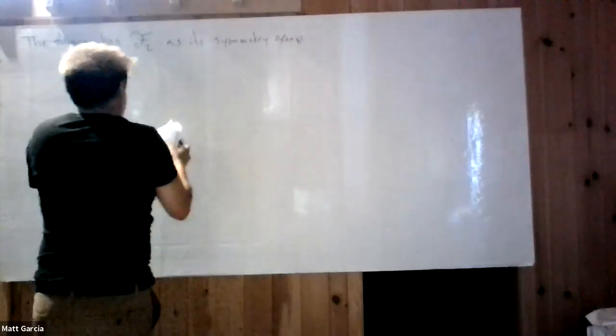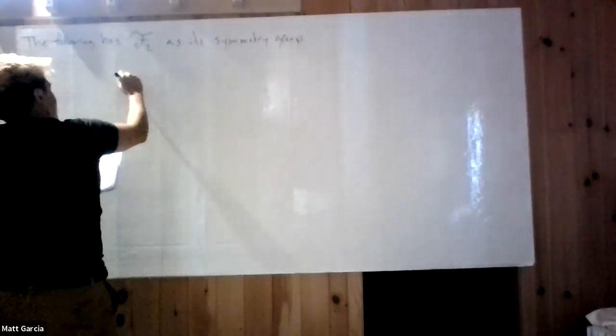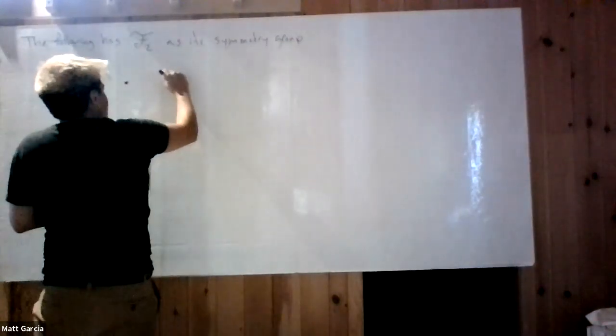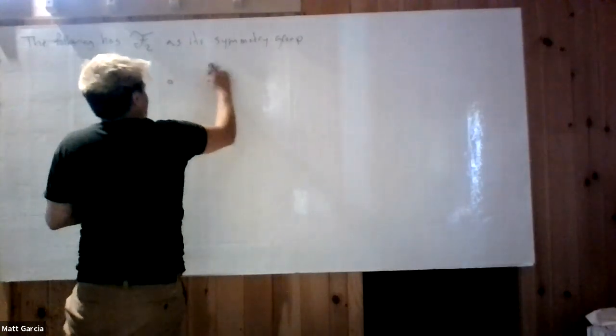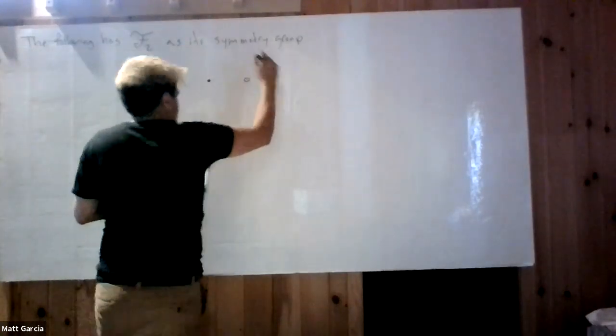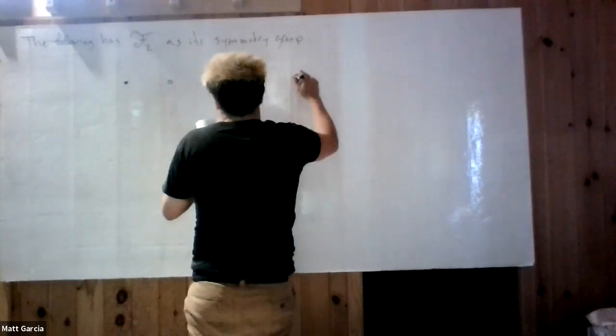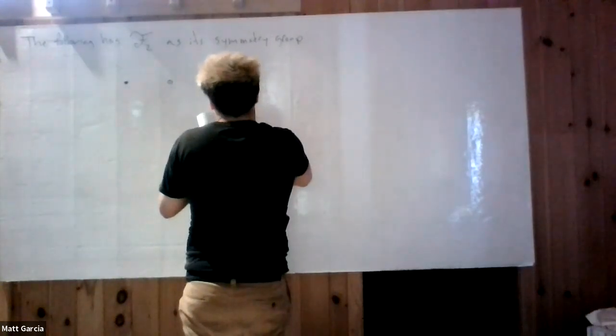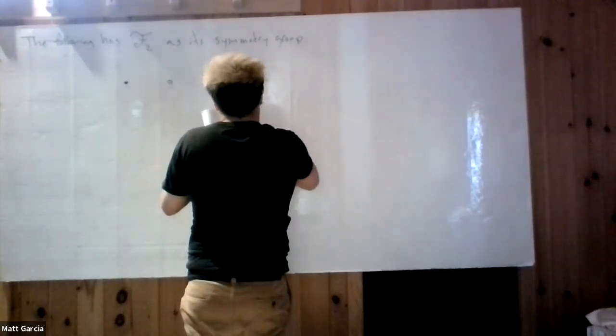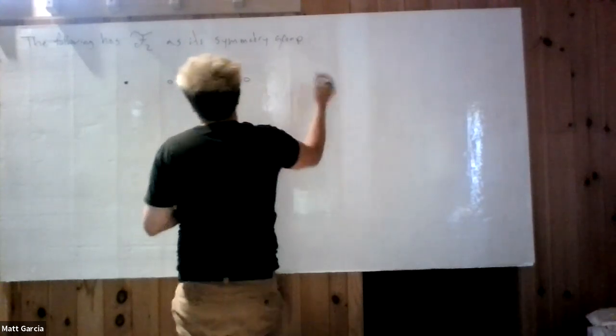Okay, same type of setup, right? I have solid dots and hollow dots for A's and M's respectively. How many did I draw here? 1, 2, 3, 4, 5, 6, 7, 8, 9.